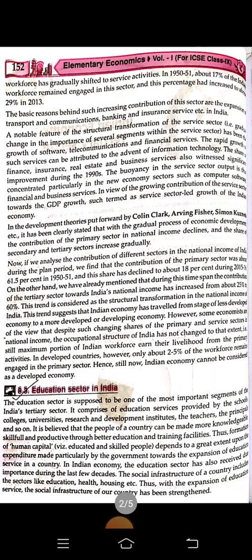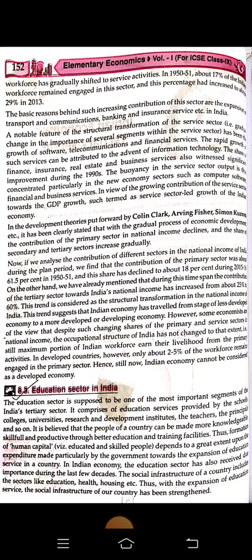Next, what is the education sector in India? The education sector is also included in the tertiary sector itself. The education sector is supposed to be one of the most important segments of India's tertiary sector. It comprises education services provided by the schools, colleges, universities, research and development institutions, the teachers, the principals, and so on.